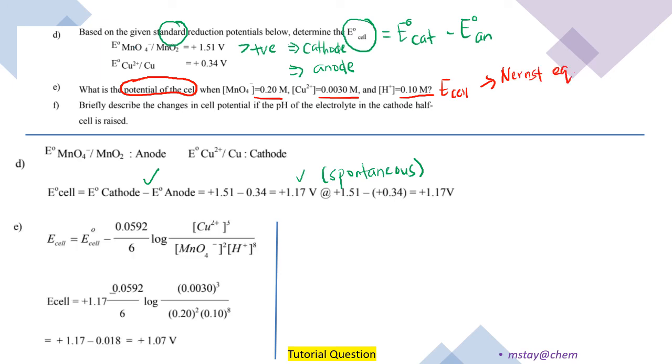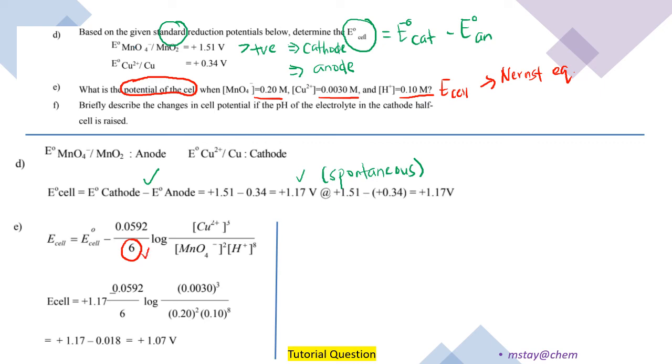The formula is E cell equals E0 cell minus 0.0592 over n log Q. Based on the half equation in the previous slide, we notice that the number of moles of electrons involved is 6.